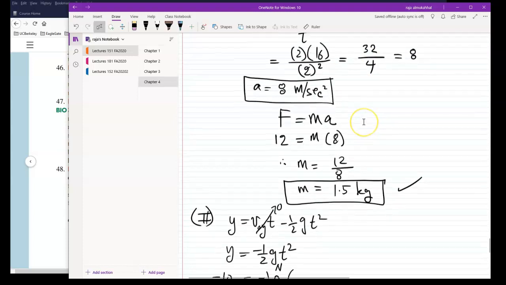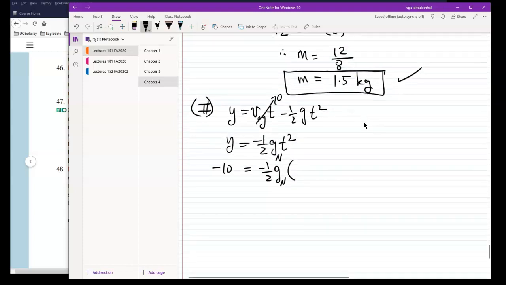So I'm going to plug it in, and look at that, I can actually find g on Newtonia. The minuses cancel out, and I end up with 20 equals g times 2.58 squared.